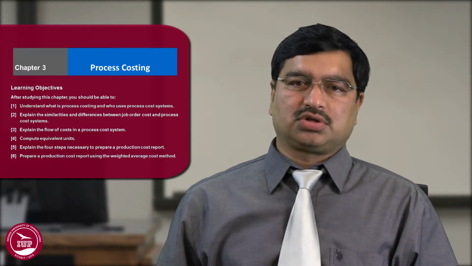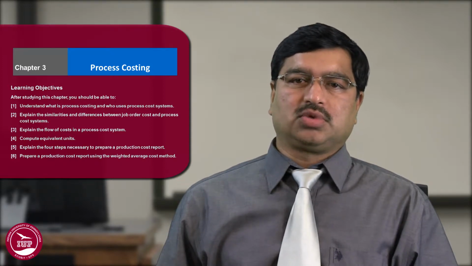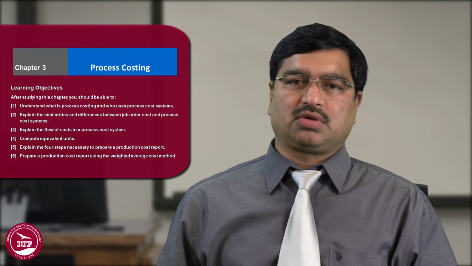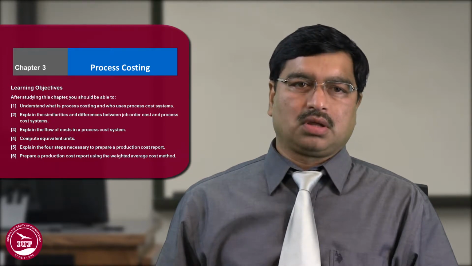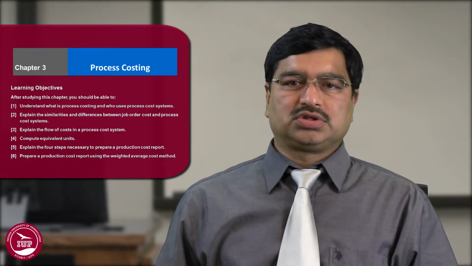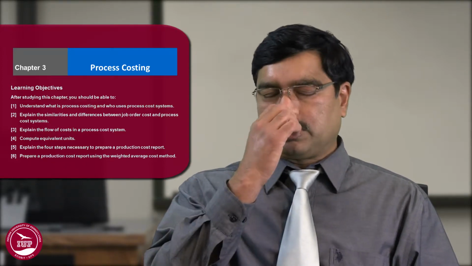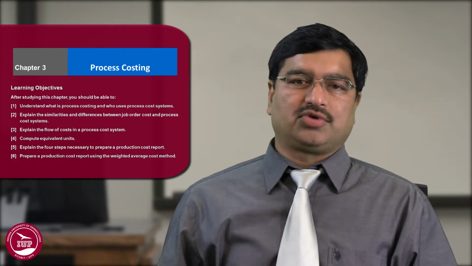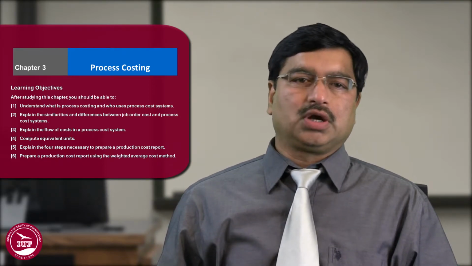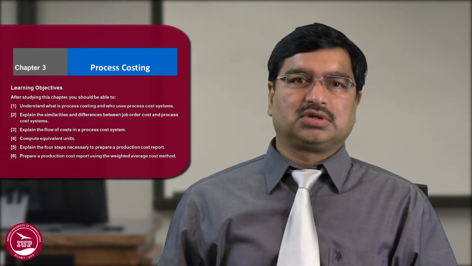What is the production cost report? That basically is the accumulation of the cost of that particular process for that period. And to prepare the production cost report, we will be using the weighted average method. We are not covering the FIFO method at this time.